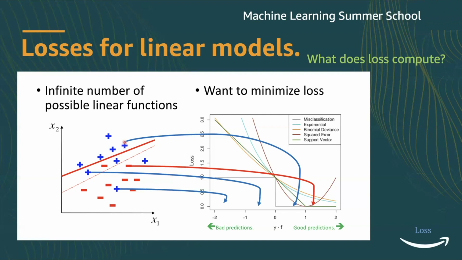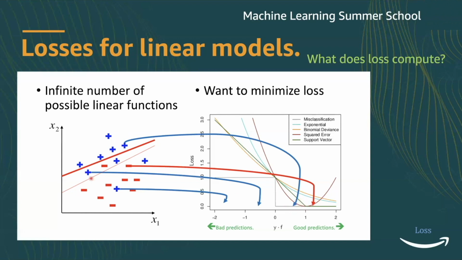So the prediction is positive, the true label is positive, the product is positive, and it lies to the right side of 0. Both these points are correctly classified, and as per this loss function, they're paying a loss of 0, a penalty of 0.